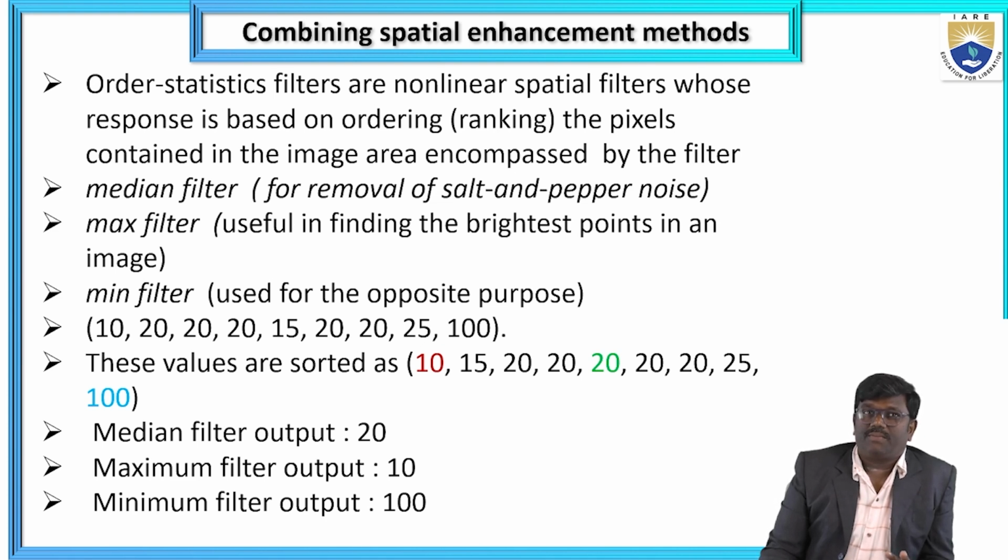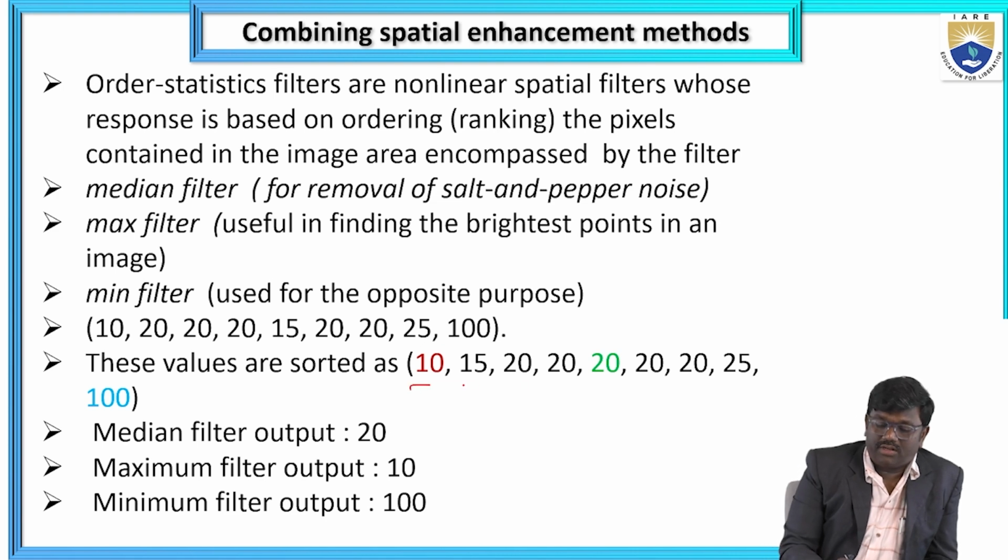Right now we have the values 10, 20, 20, 15, 20, 20, 25, and 15. These are the numbers we get from one of the mask sizes of the image. Those values we want to sort, and they can be sorted.